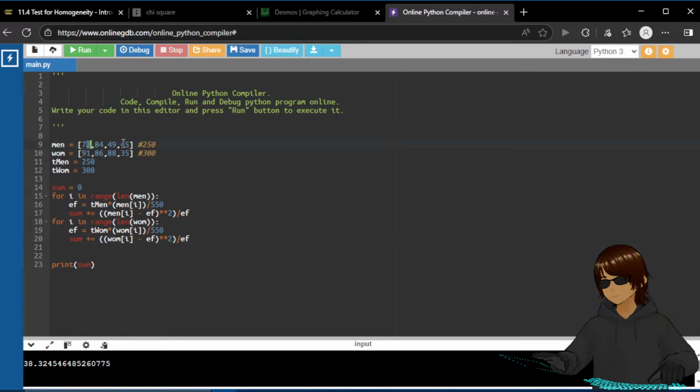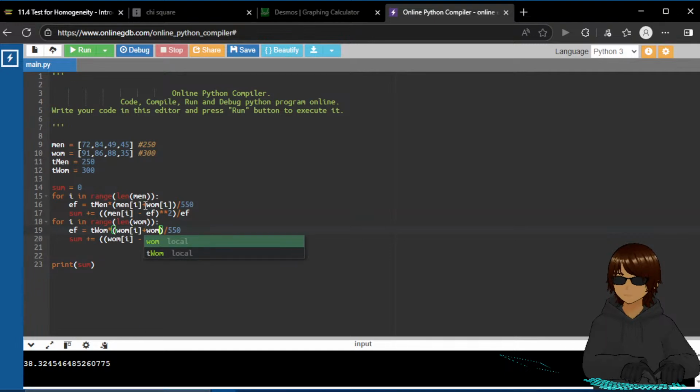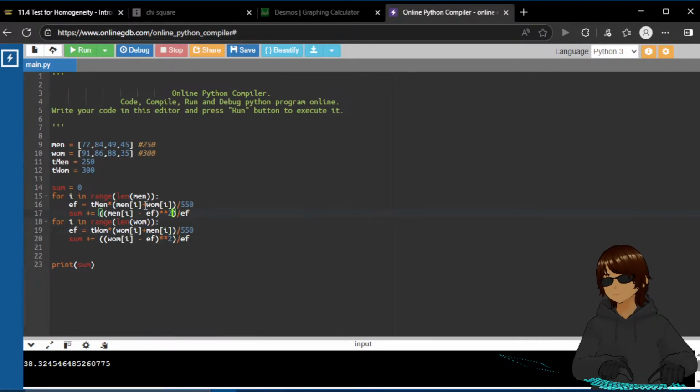So this divided by the sum of this. There are probably better ways to optimize this, but for now I will focus just on this.